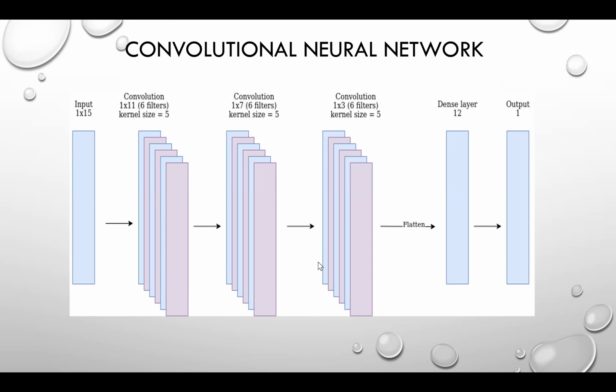Convolutional neural networks are also widely used in image and signal processing. We used a variant of it, which we call the neuro-CNN, which combines the benefits of the CNNs and the MLPs.